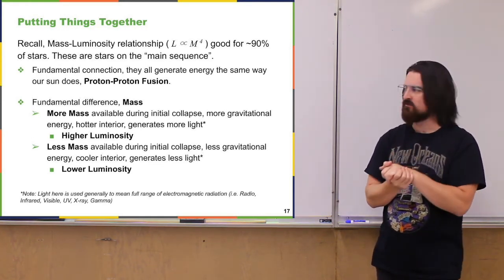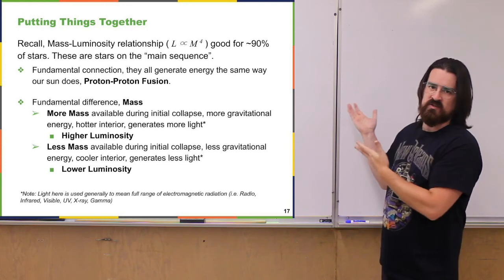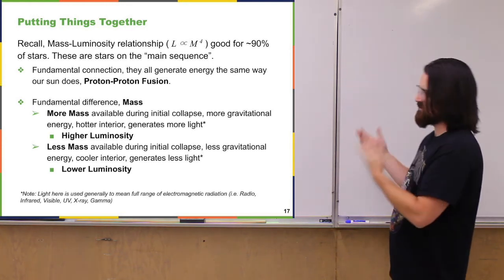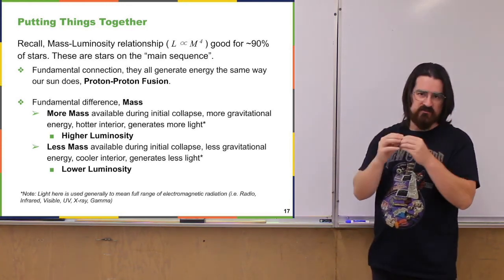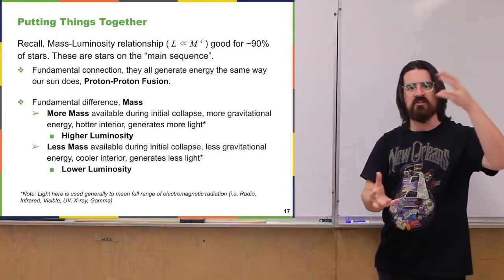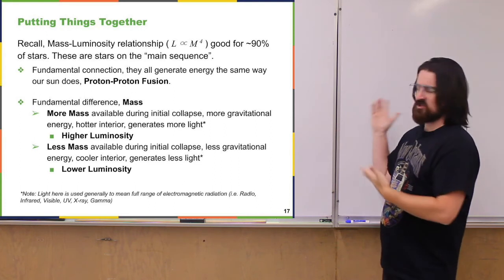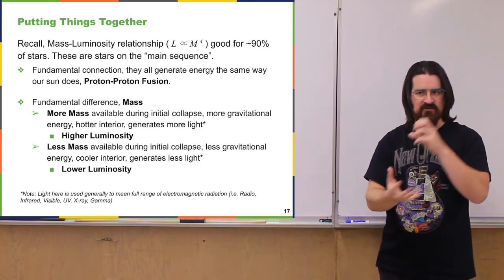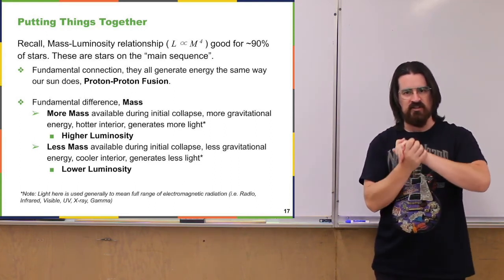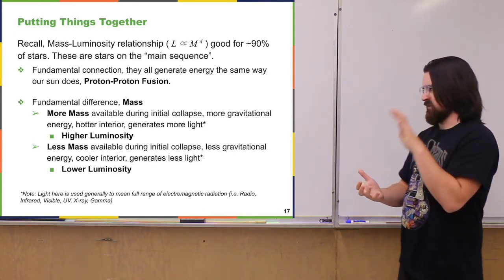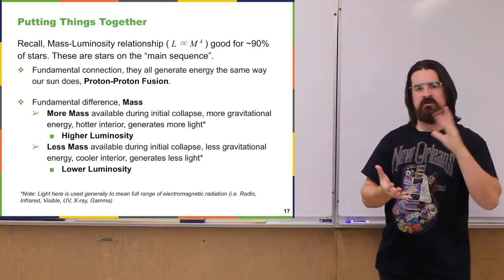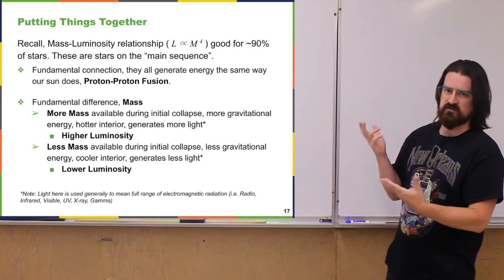You generate a lot of light, and that star ends up being a lot more luminous. That is as opposed to if you start out with less mass, there wasn't as much dust that initially fell in to start forming that star, then it's just the opposite. There's less gravitational energy overall to crush down the interior, so it's a little bit cooler in the interior, it's generating less light. Overall, it's lower luminosity.